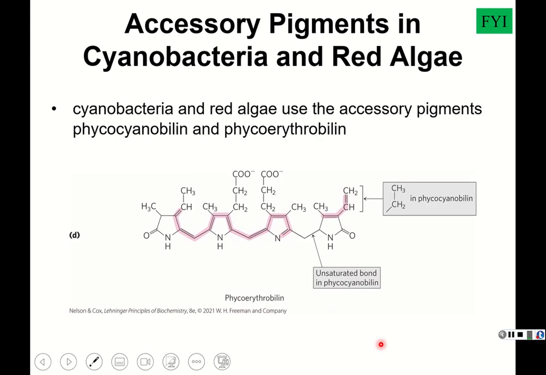Then, more complicated, certain photosynthetic bacteria and algae also have other pigments, and these actually have different colors. Don't really need to know them for this class.